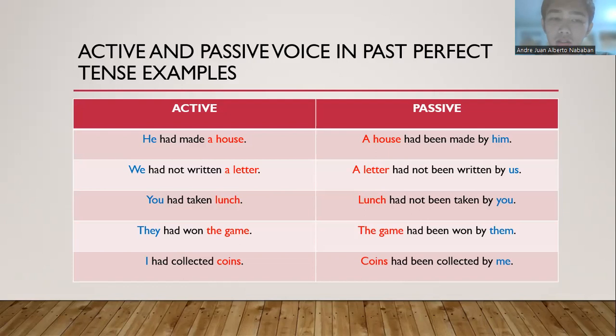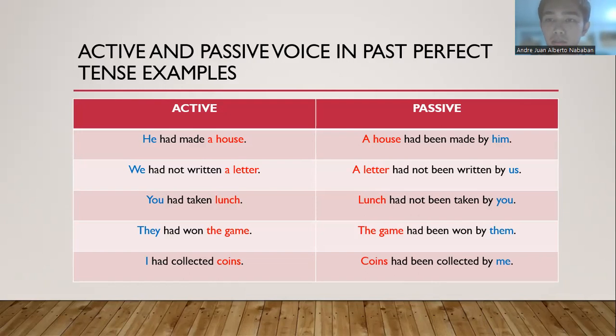And the third example, you had taken lunch. When it's transformed into the passive, it becomes lunch had not been taken by you, like that. And the fourth example, they had won the game. The game had been won by them. That is the passive. And the last example, I had not collected coins.